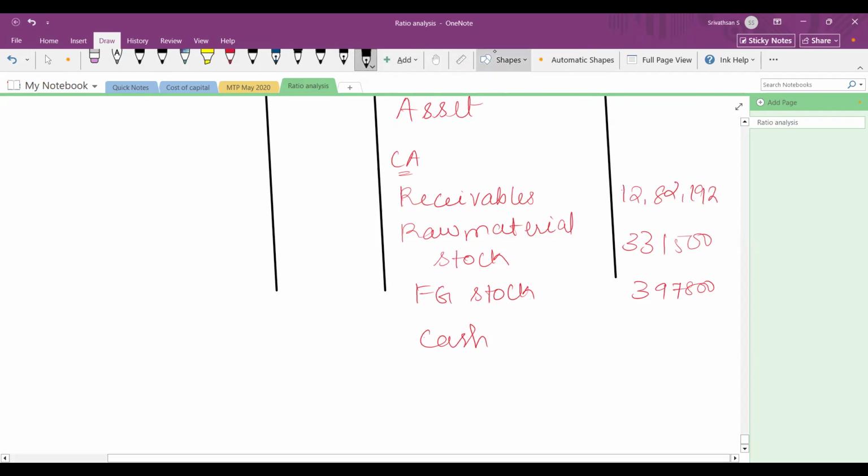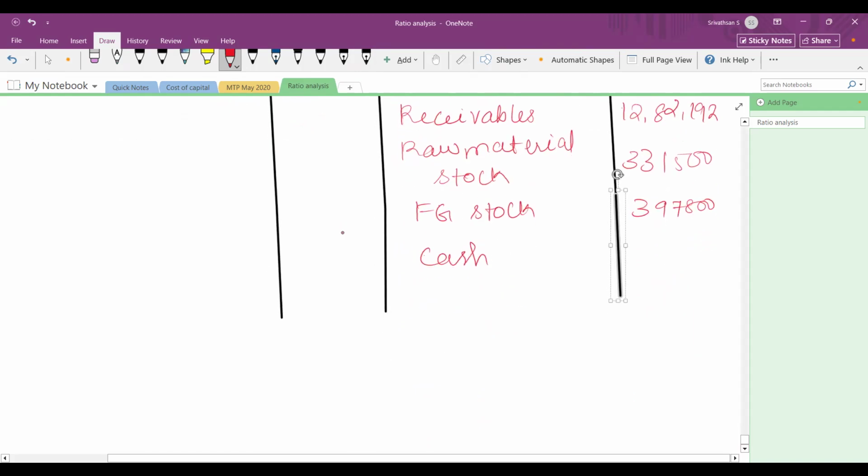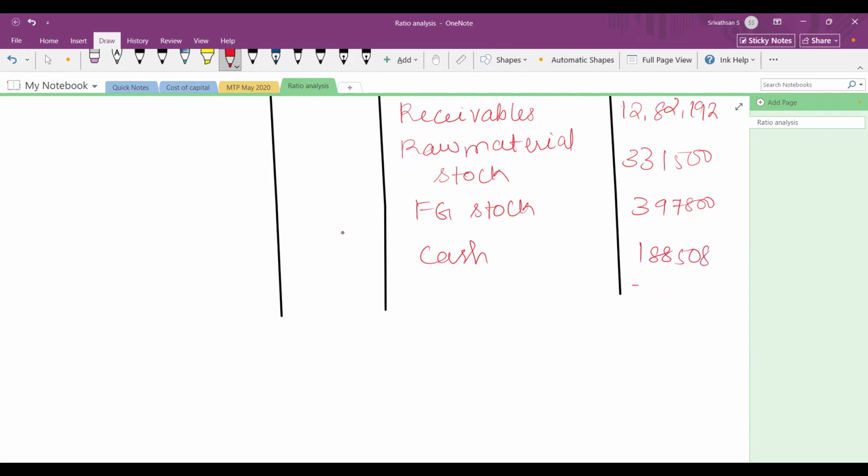So what is the balancing figure of cash? Cash, how much? 88,508. Okay. So what is the total of the balance sheet?